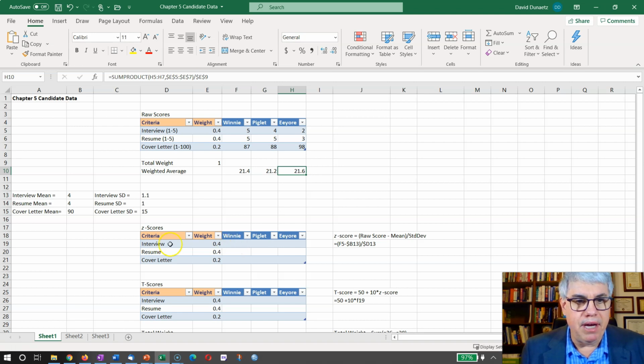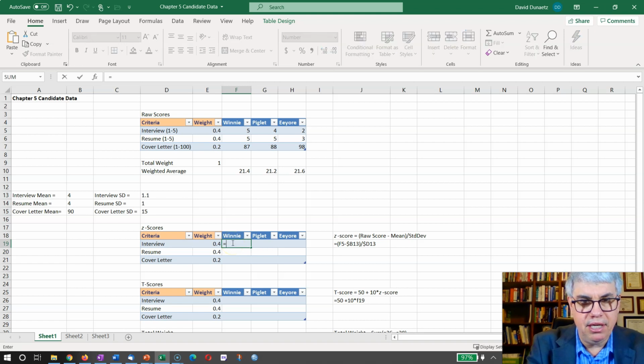So we've got the interview, resume, and cover letter, and that's what we have here in the same order. The interview mean, the resume mean, and the cover letter mean. So we're going to first of all calculate the z-score. And we're going to use the formula raw score minus the population mean divided by the population standard deviation. That's the same standard formula for the z-score.